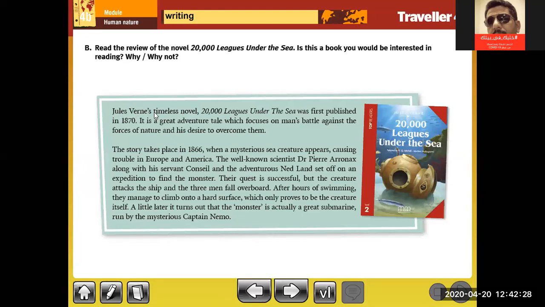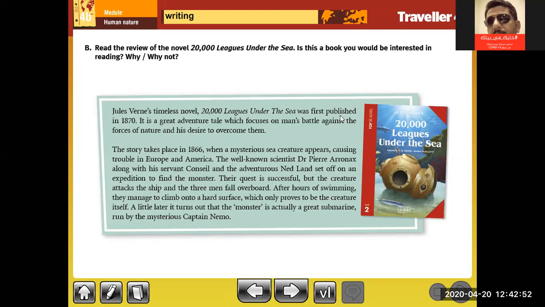Jules Verne, from his name, he is a French writer. Timeless means not affected by the passing of time, خالدة. Timeless novel. Novel means story, رواية. 20,000 Leagues Under the Sea was first published.